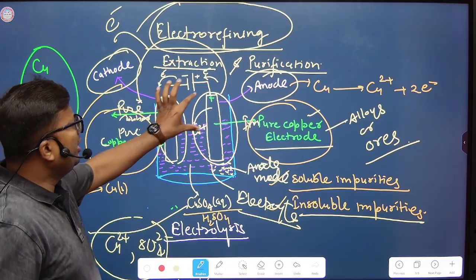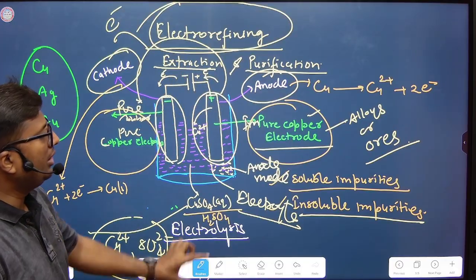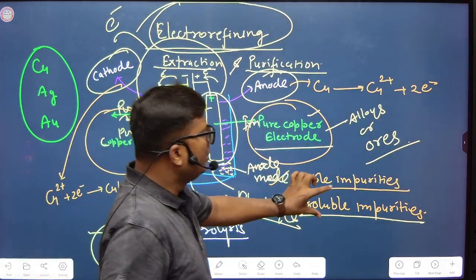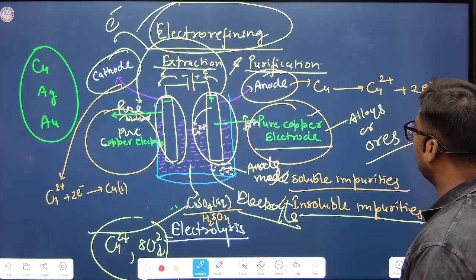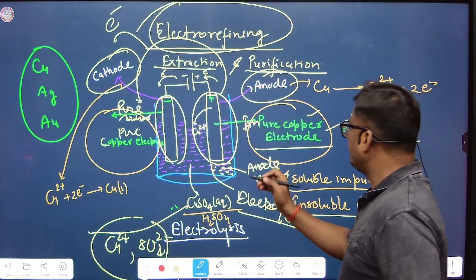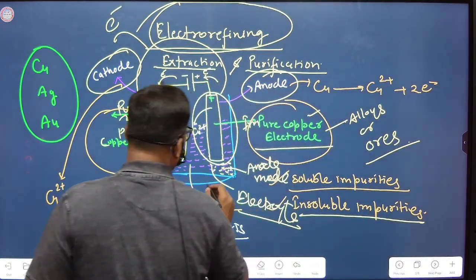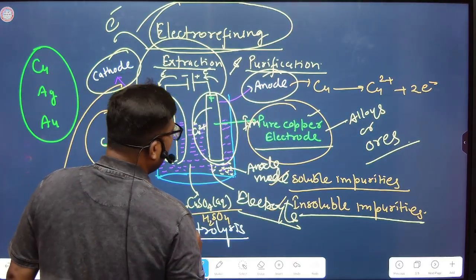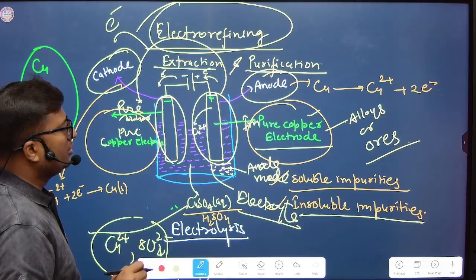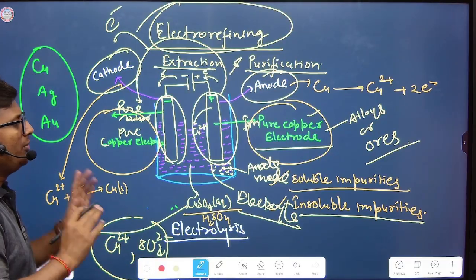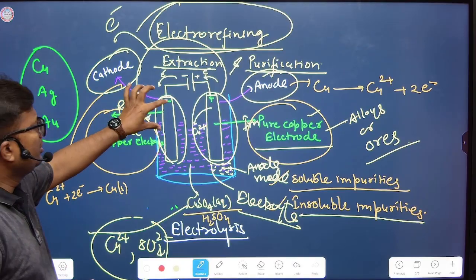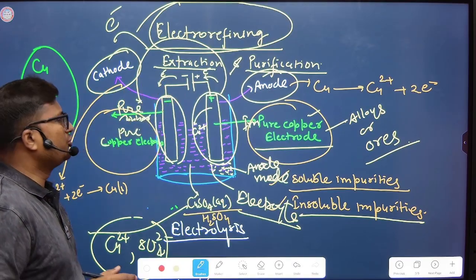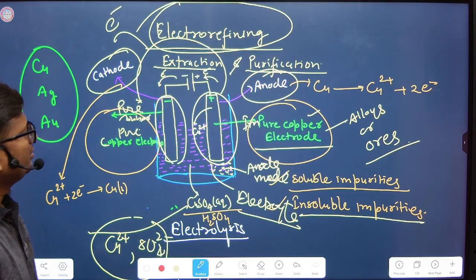On the anode side, impure metals which are insoluble in the electrolyte get deposited at the bottom of the anode side, while those metals which are soluble impurities go into the solution of the electrolyte, right?